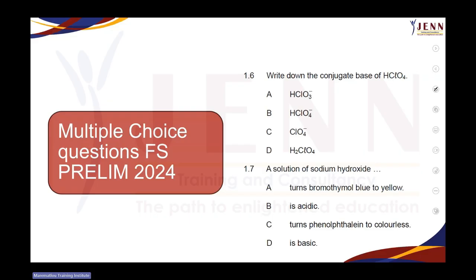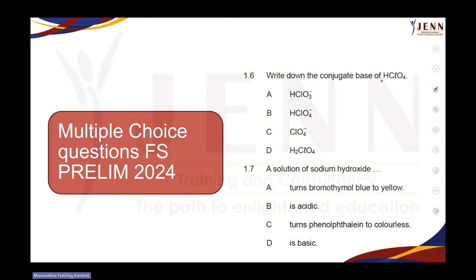They said, write down the conjugate base of HClO4. We already said this is a must know: for a conjugate acid, you add a proton; for a conjugate base, you remove a proton.